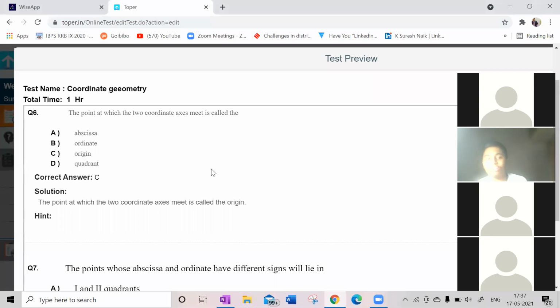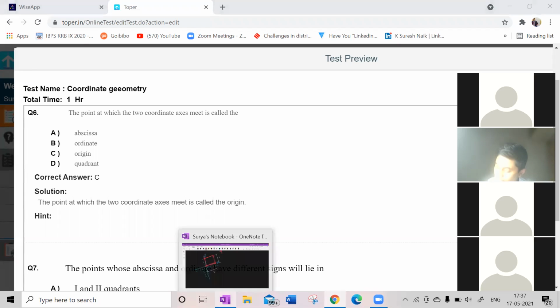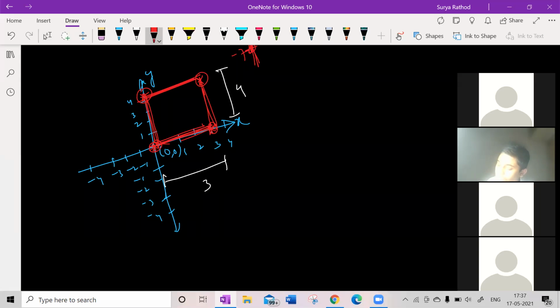Sir, for the question which you were solving, if we tilt the graph, it will show like a rhombus, right? See, there is no point of tilting. If you tilt, then the coordinates will change. Of course, if you tilt, you will get it, but the coordinates will change. 3, 4 will become 4, 3.